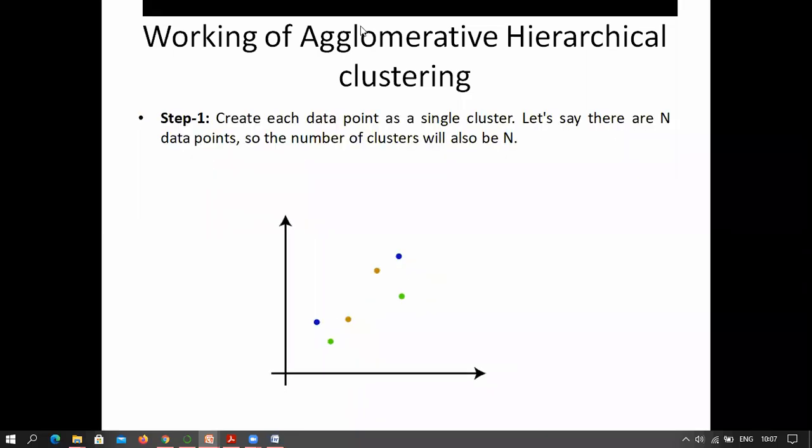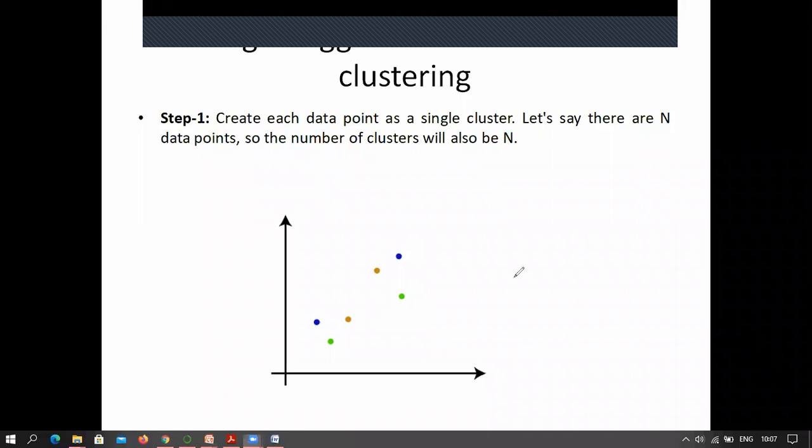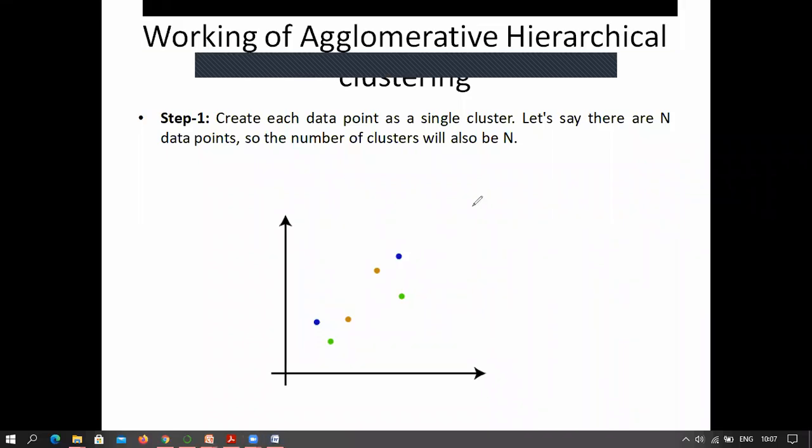Now, the next step is that you will find out the Euclidean distance between each pair of data points. That means I will find out the Euclidean distance between these two, between these two. You have to take each and every pair and find out the Euclidean distance.